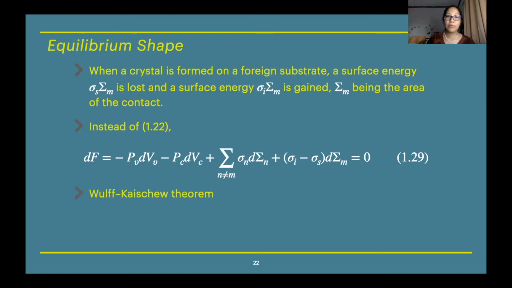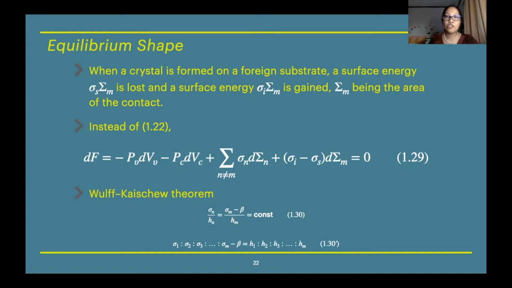And from here, we derive the Wulff-Kaishev theorem. Equation 1.30 shows that sigma sub n divided by h sub n is equal to sigma sub m minus beta all over h sub m, equal to a constant. This means to say that the distance h1 is proportional to sigma 1, or the specific surface energy 1.